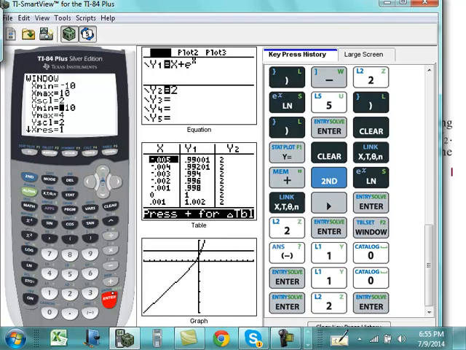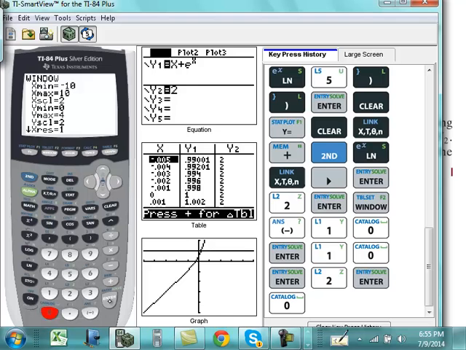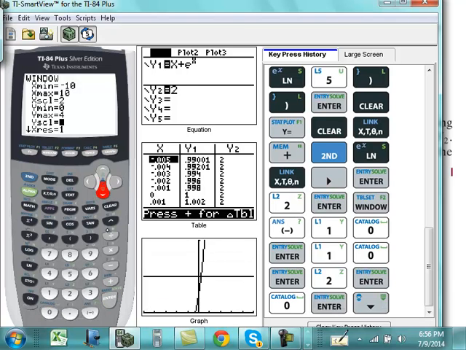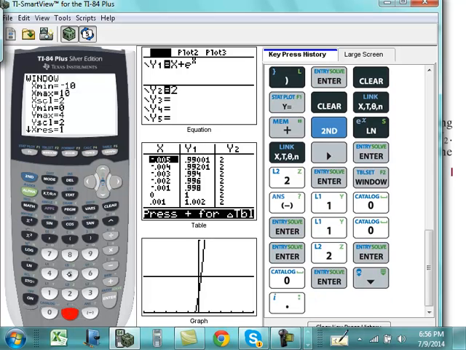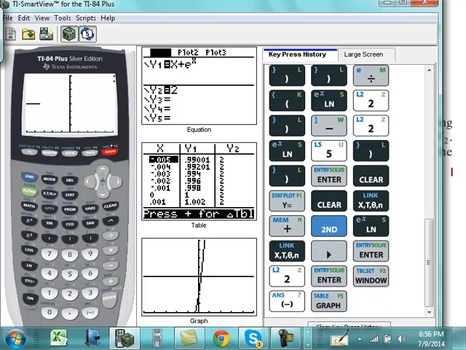And we know that the intersection is going to happen at y equals 2. So I'm just going to let the y minimum be 0 and the y maximum be 4. Maybe I could have the tick marks go every half a unit, 0.5. And then I'm going to go ahead and hit graph.